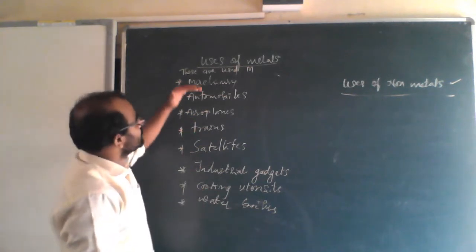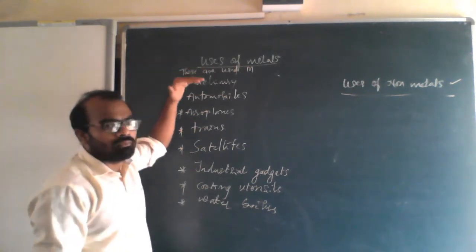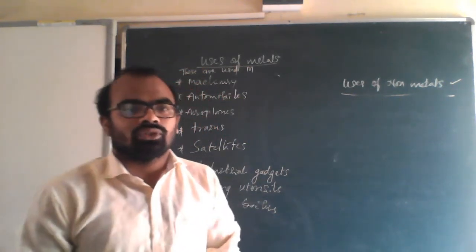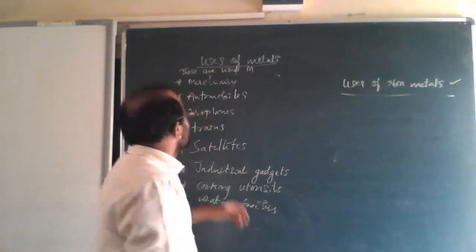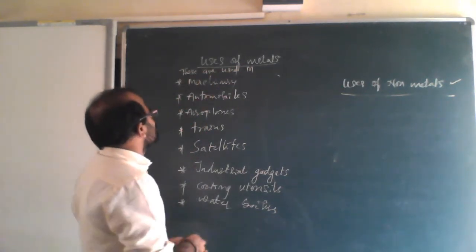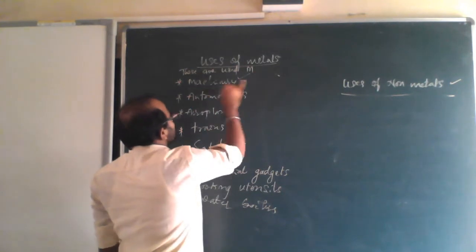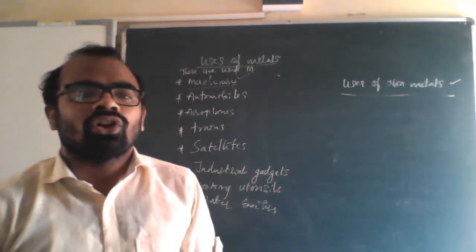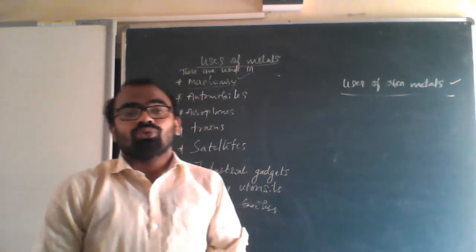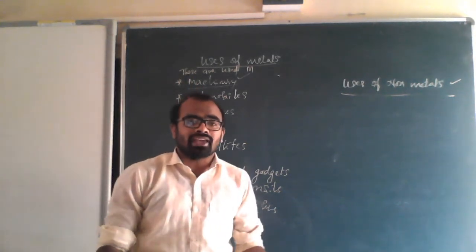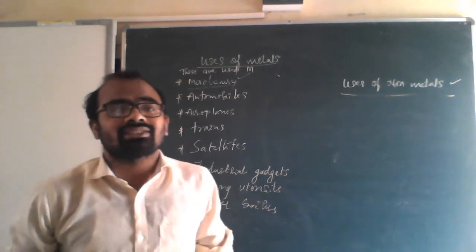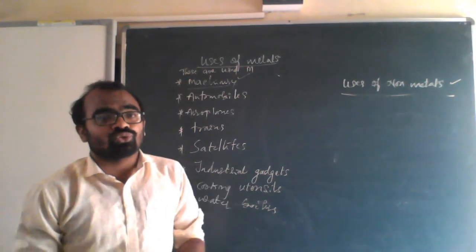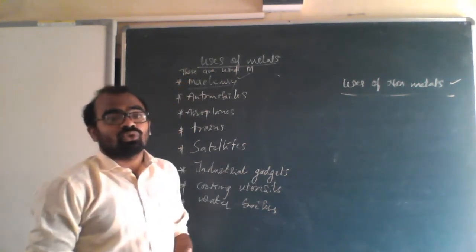So here we are seeing some of the important uses of metals. Metals are used in machinery. Whatever machinery the mechanical engineer does or in the machine systems, we are using metals. If you see the bike, you can see some metals. Car machinery also uses metals.